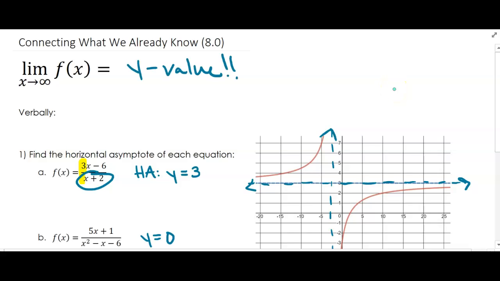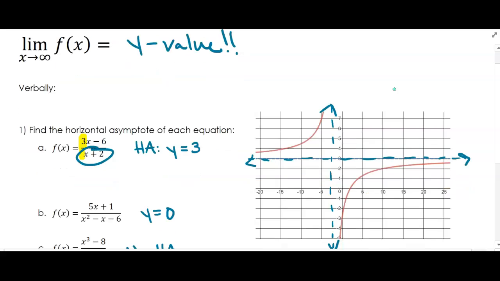Saying, hey, as we're looking at our graph, and as my x values get larger and larger, they get closer and closer to positive infinity, what y value is my graph approaching? And we know that this graph is going to get really, really close to my horizontal asymptote at y equals positive 3, but it's never going to touch.